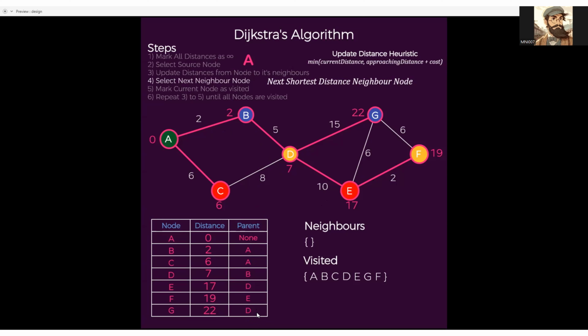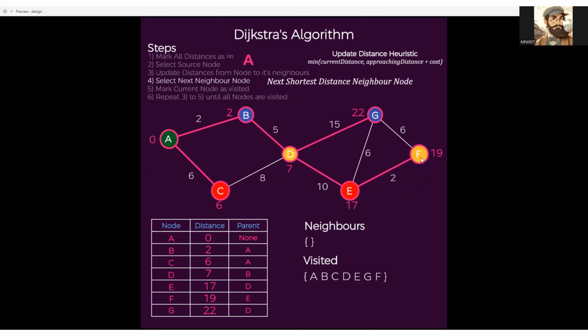It helps us when we want to determine the route, because traditional Dijkstra doesn't give us the actual route. It only gives us the shortest distance, which is recorded on the node. For example, if we look at F, we would see that F has a distance of 19 units from A, but we won't know which route to take from A to reach F. So in order to trace that route, we can use this parent attribute and traverse the parents of the respective nodes until we get to the source.